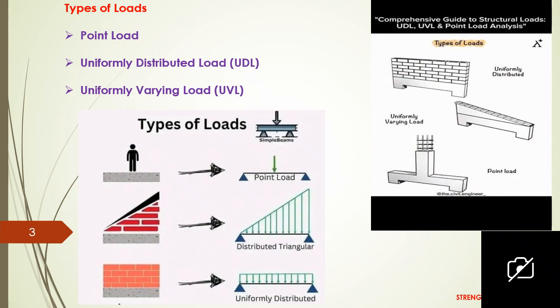Uniformly distributed means between 2 points it is distributed uniformly from first point to last point. Uniformly varying looks like a triangular distribution, not uniform. It is varying uniformly from starting point to end point. At each and every point the load value is varying. So you can see the types of loads in this picture.